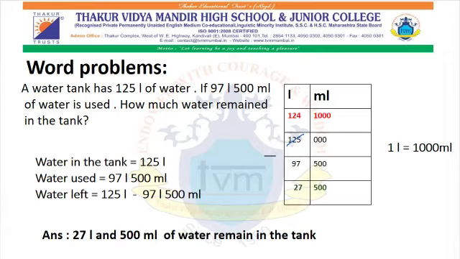So again we are going to borrow 1 from the liter side. That means in milliliters 000 will become now 1000. So 1000 minus 500 is 500, and on the liter side 125 will become 124, and 124 minus 97 will give you 27. So the answer is 27 liters and 500 ml of water remain in the tank.